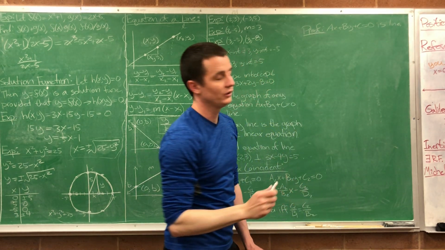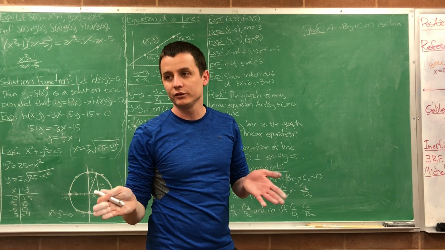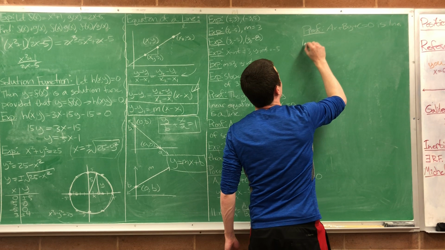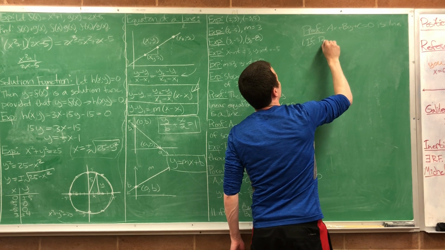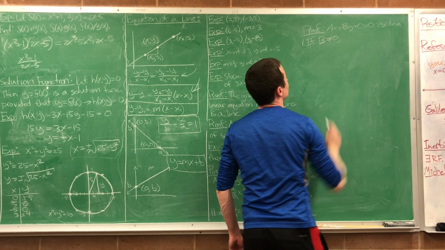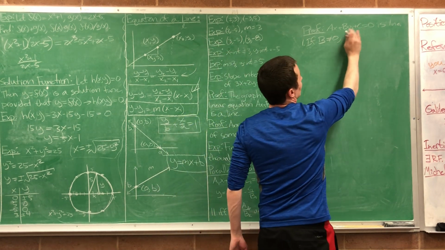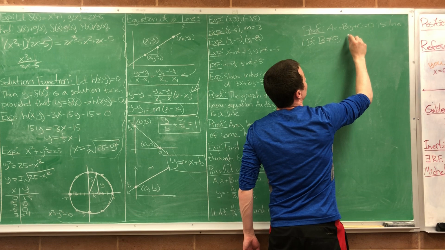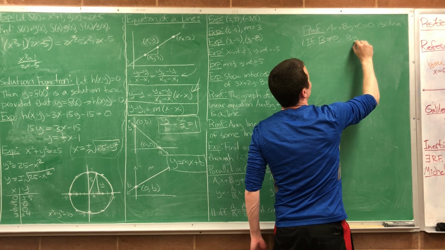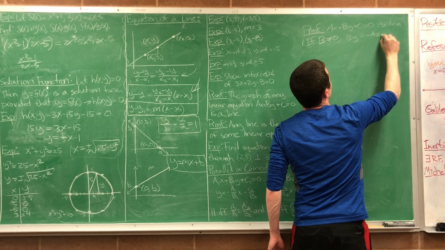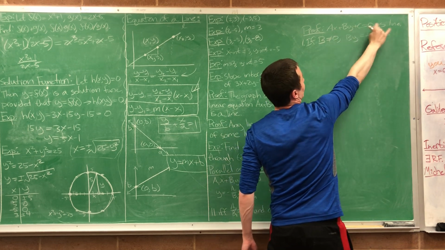Now we have two cases. We have the case where b isn't equal to 0 and the case where b is equal to 0. So 1, if b is not equal to 0, then we can rewrite this as by is equal to minus ax minus c, moving ax and c to the other side.